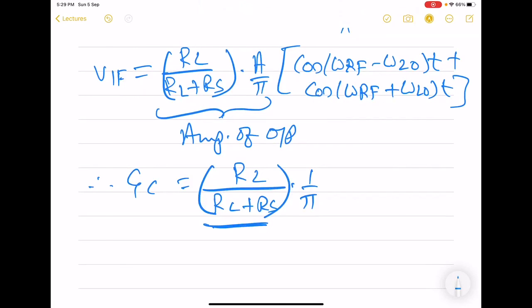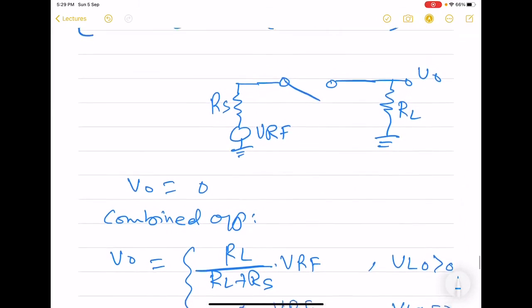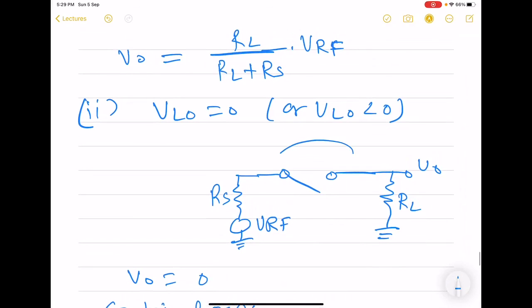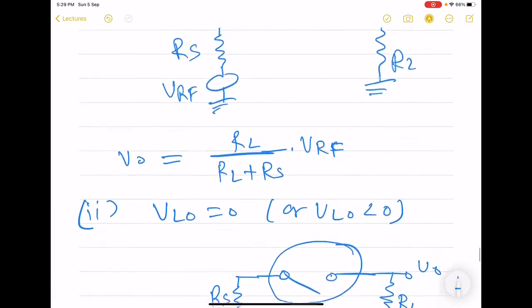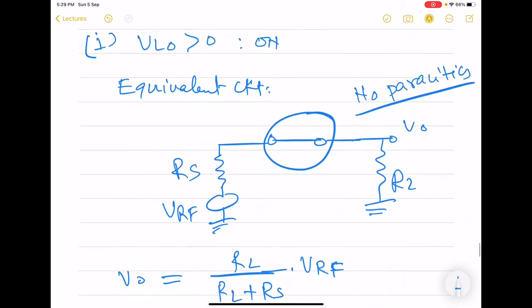Now regarding feed through, so here we did not consider any parasitic capacitors. So we have simply substituted MOS by perfectly open switch or by closed switch. So we did not consider any parasitic. No parasitics were considered.